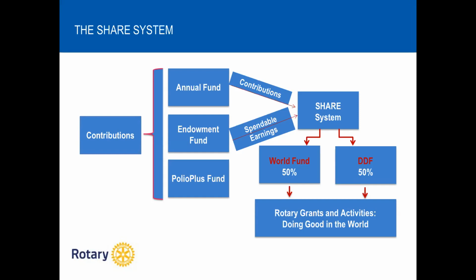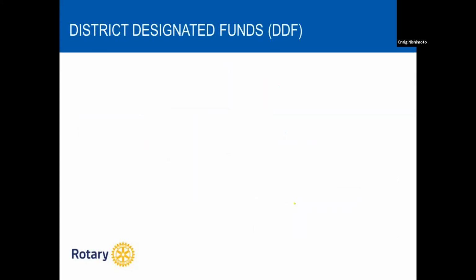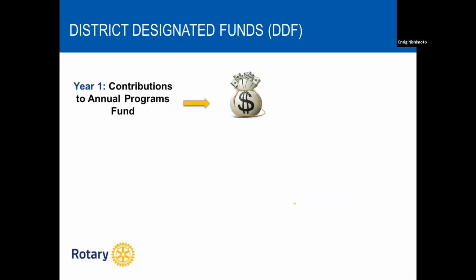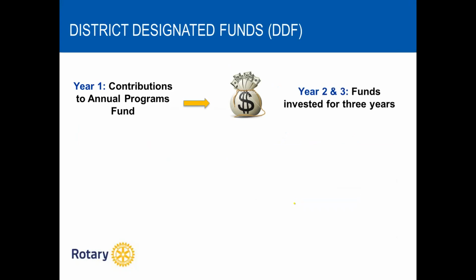And I'll give you a different view for those of you who see things vertically instead of horizontally. So year one, contributions are made to the Annual Programs Fund, marking share. Years 2 and 3, the funds are invested for those 3 years.